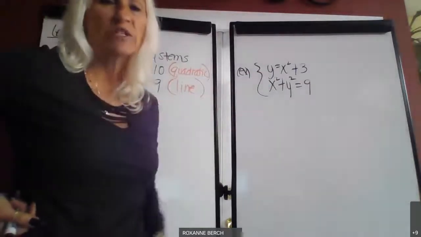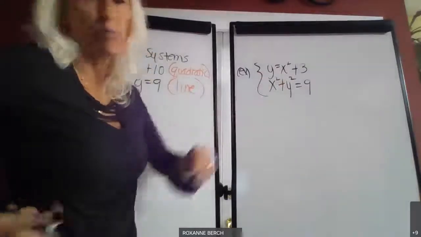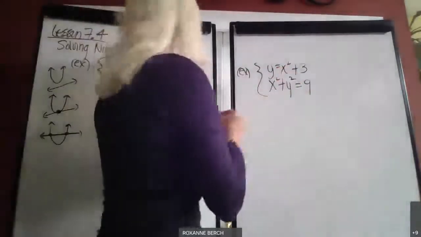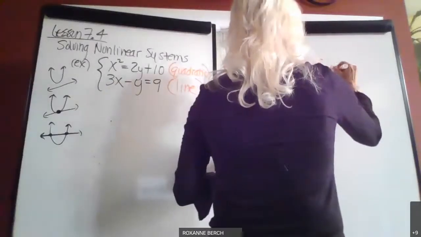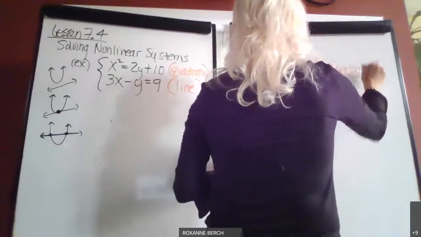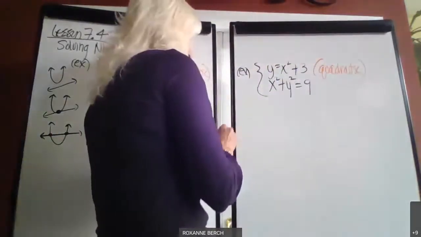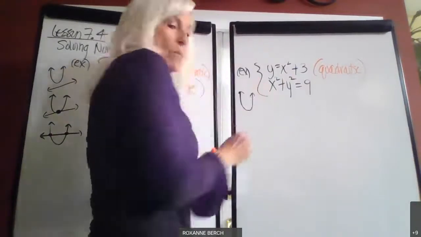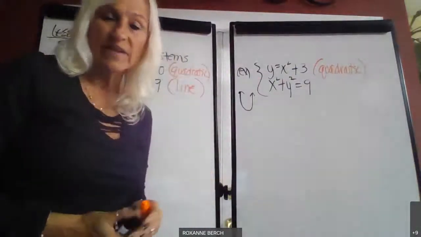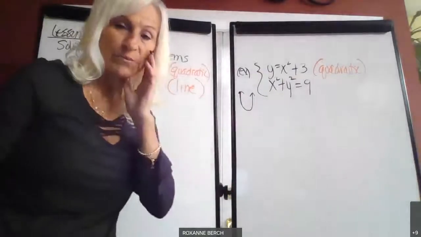Let's go to this one. Do you recognize what you have here? What's the top one? A quadratic, right. Now the bottom one, we haven't studied or even looked at very much, but let me explain this.